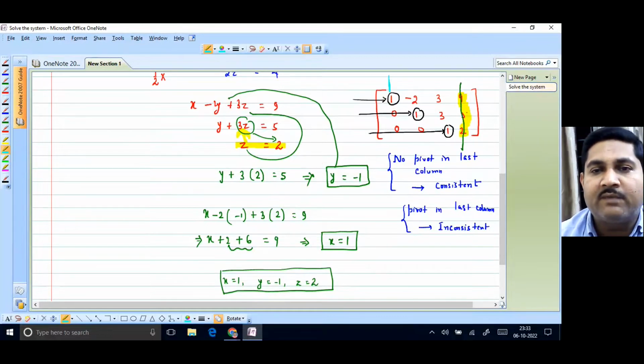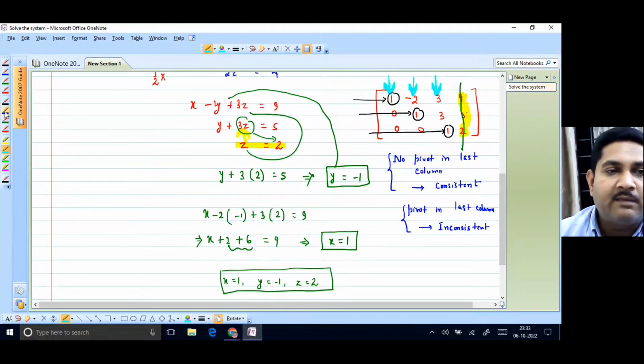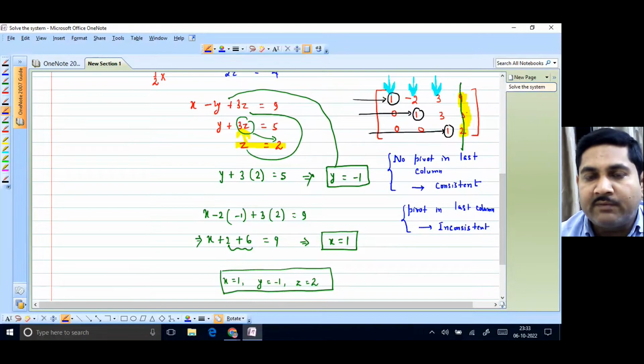So this is my first column, this is my second column, and this is my third column. So I will look into the remaining columns, right? So if you find that no pivot is in the last column, then you say the system is solvable, or it is consistent.